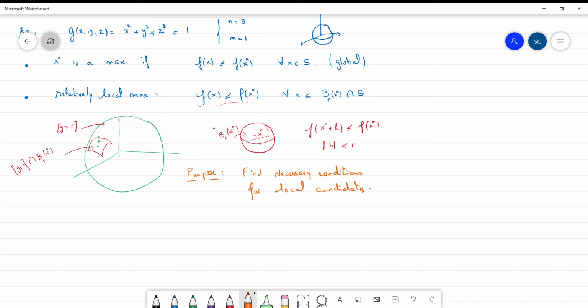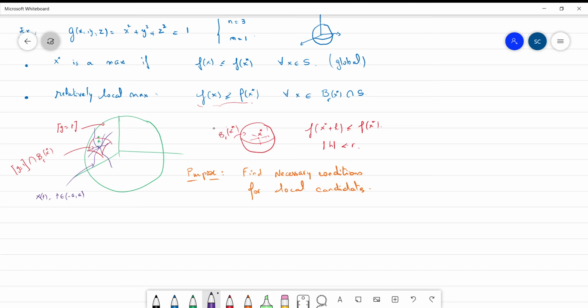The idea of the tool is to consider curves passing through the point x star and compare. We can imagine any regular curve passing through. So those curves are x(t), with t belonging to, let's say, minus a to a, because it's local.